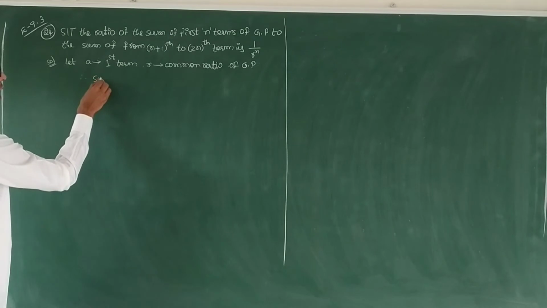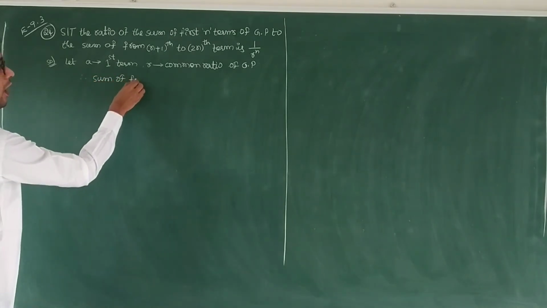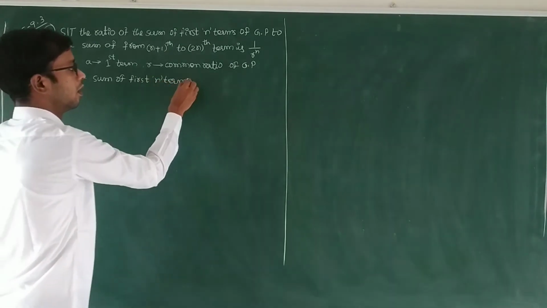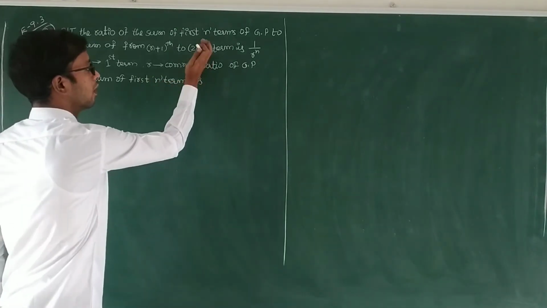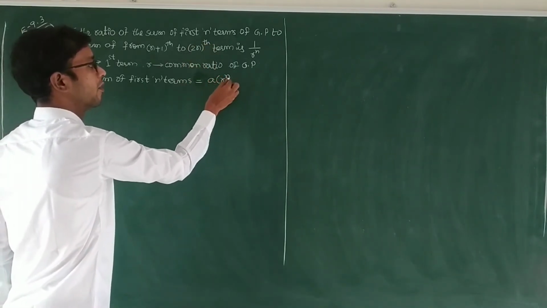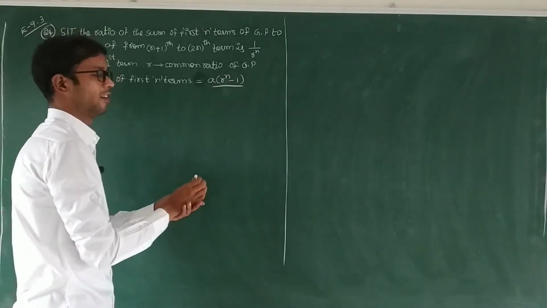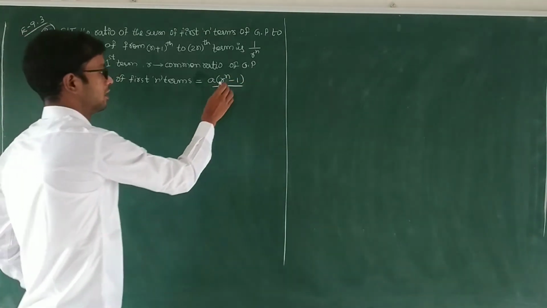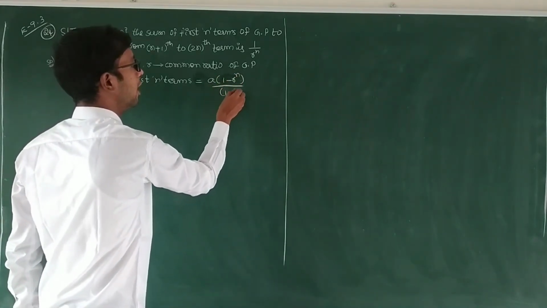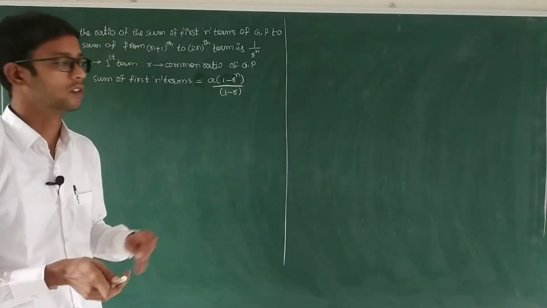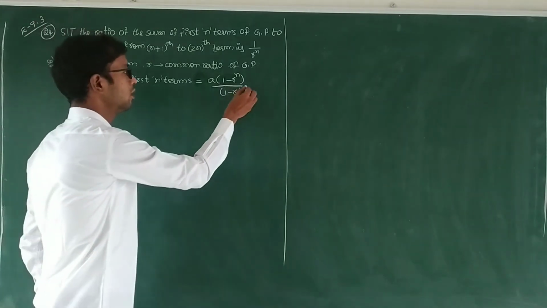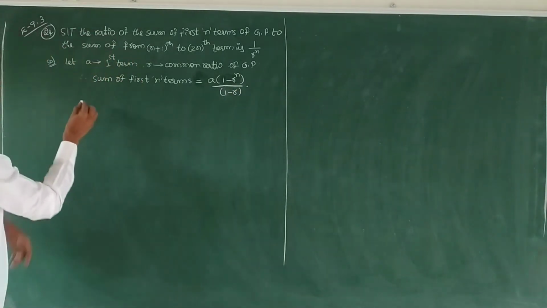Therefore, the sum of the first n terms is equal to a into (r power n minus 1) by (r minus 1); otherwise we take that formula as a into (1 minus r power n) by (1 minus r). So this is the sum of n terms in the geometric progression. So this one is completed.